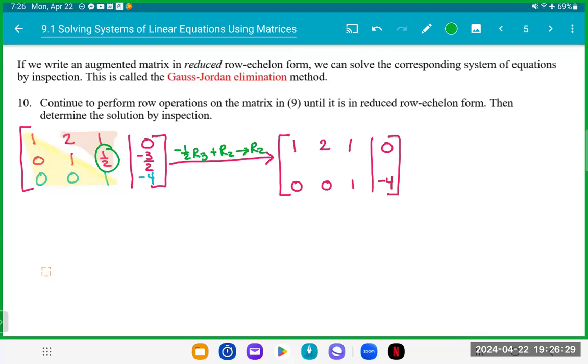So we have negative 1/2 times 0 plus 0, still 0. I have negative 1/2 of 0 plus 1, still 1. I have negative 1/2 times 1 plus 1/2, that gives me 0.